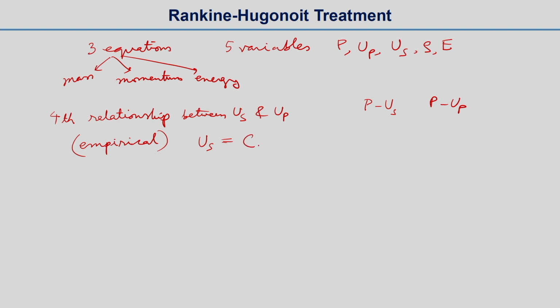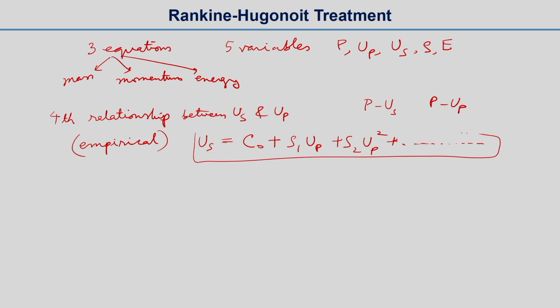So, US will be equal to C naught plus S1 UP plus S2 UP square plus dot dot dot. That means we can have more terms, and this equation is known as equation of state for a material on the shock wave.